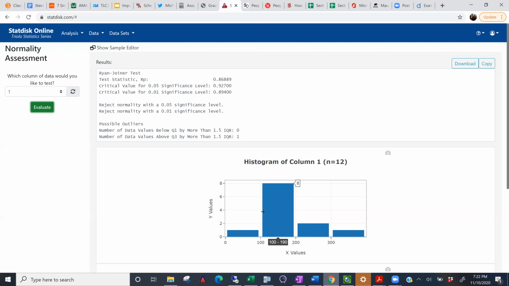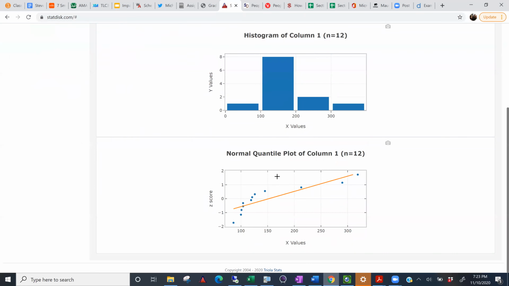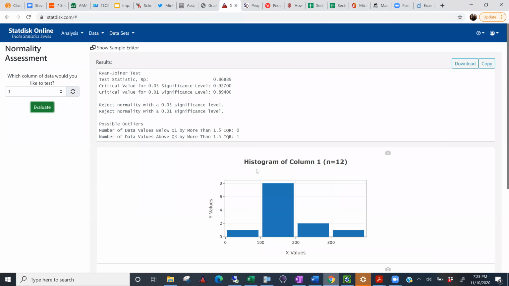What do you think? Well, the histogram doesn't look too bad. I mean, I guess if you close one eye and then close the other eye, you can kind of fool yourself a little bit. But a little bit more telling might be the normal quantile plot. Does that look like it's a normal distribution? No.